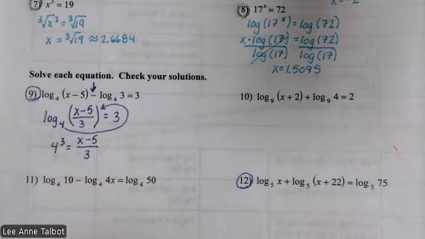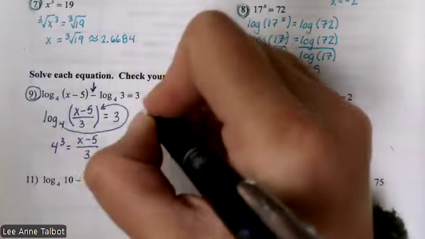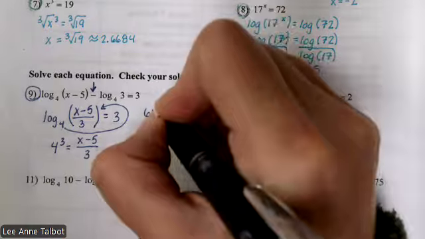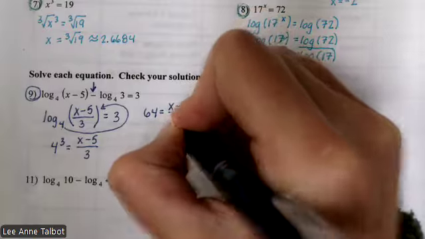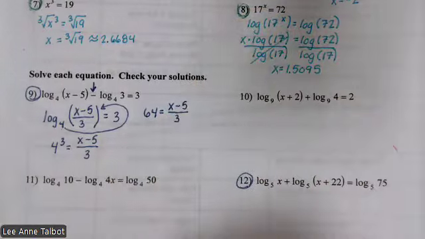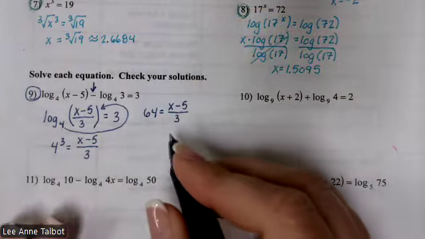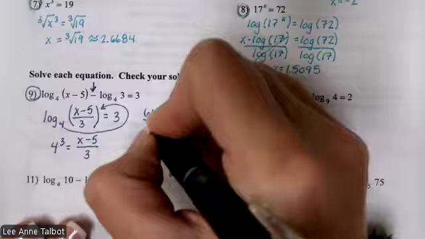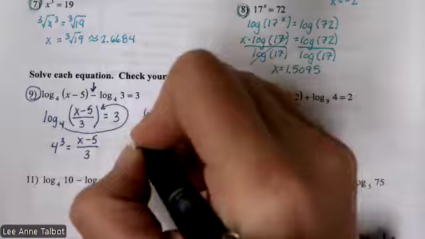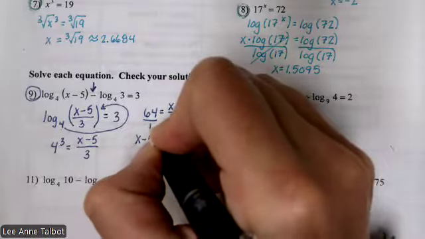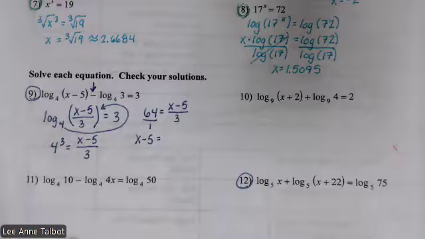Anybody remember from before break? Okay, and then what I like to do is put the 64 over 1 and cross multiply. So 1 times x minus 5 is x minus 5. 64 times 3 is something.